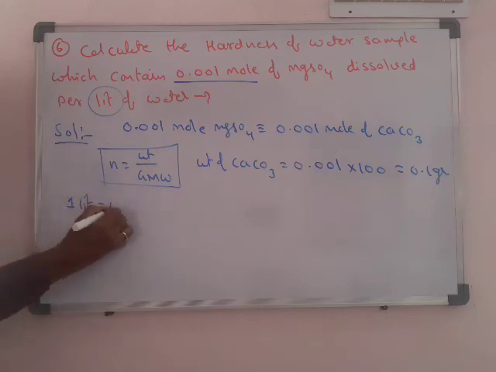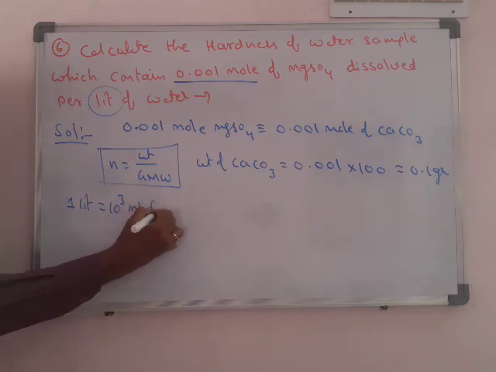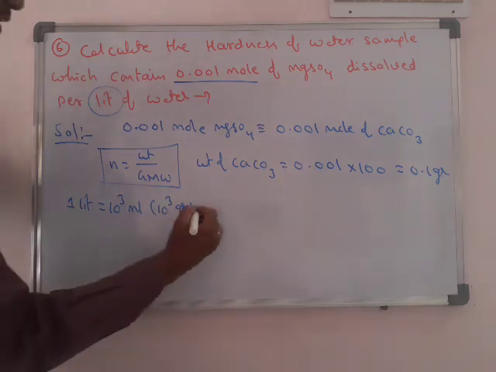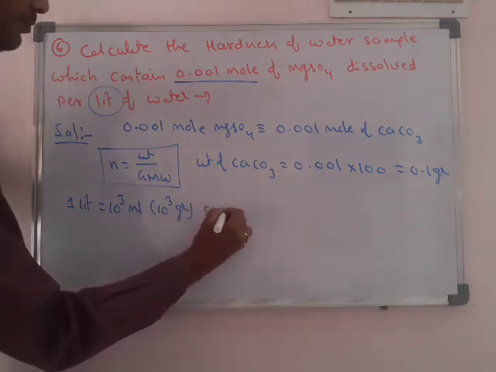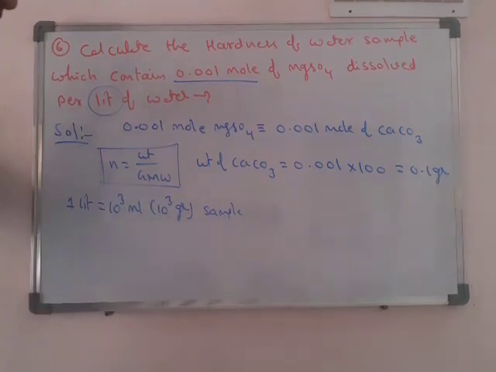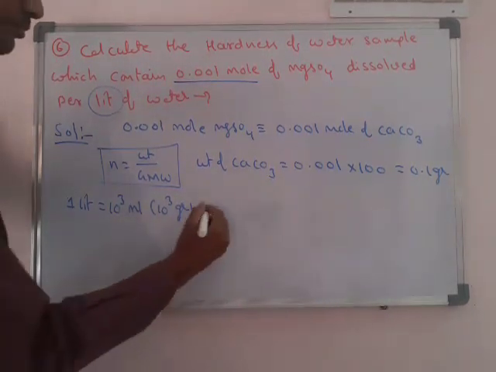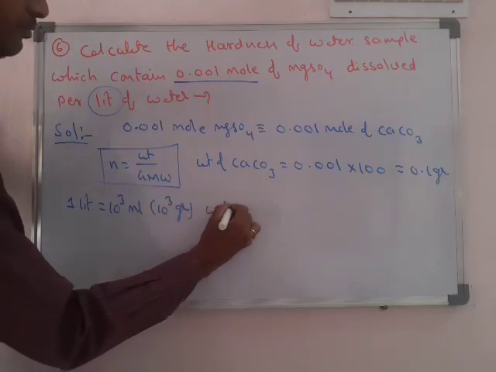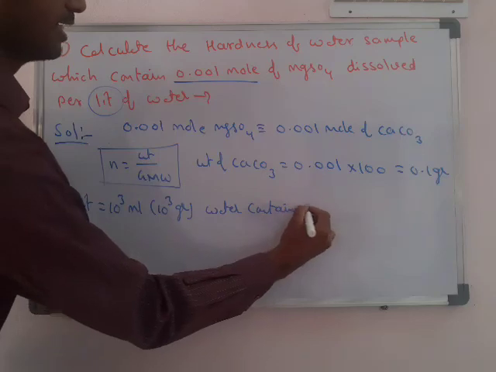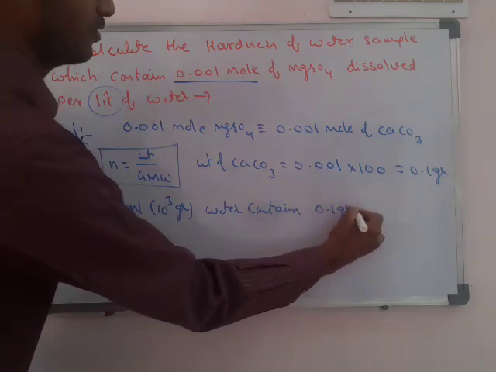So 1 liter equals 10³ milliliters, nothing but 10³ grams, since the density of water is 1 gram per milliliter. So 10³ grams of water contain 0.1 gram CaCO3.